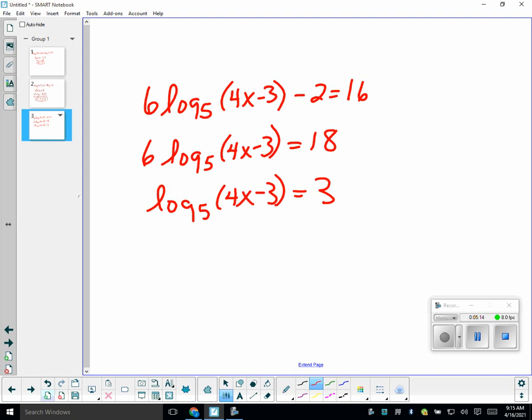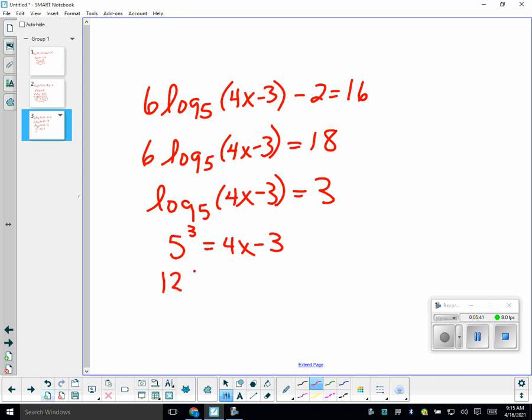When I only have the word log once, I have to switch it back to exponential form. Remember when we switched back and forth? So what would this be? 5 to what equals, right?